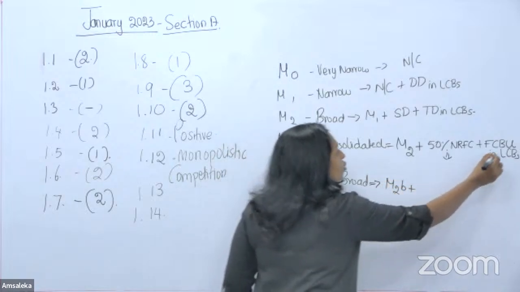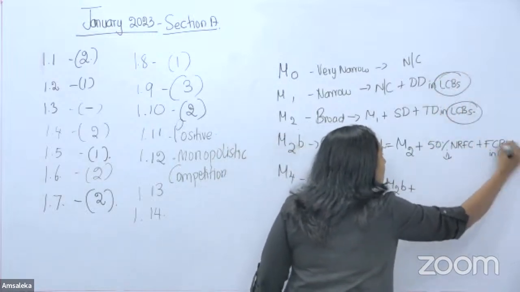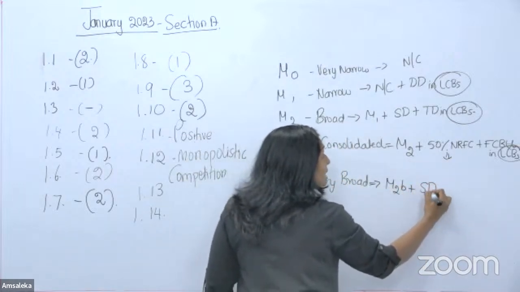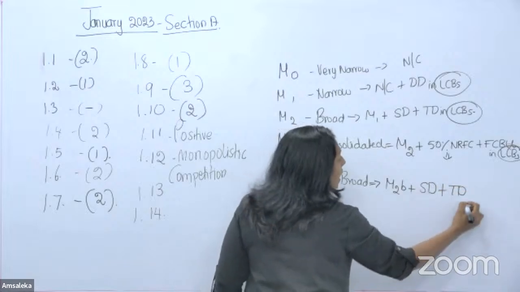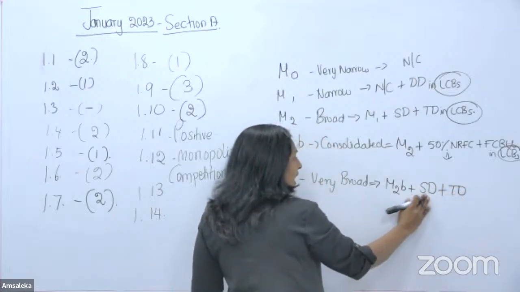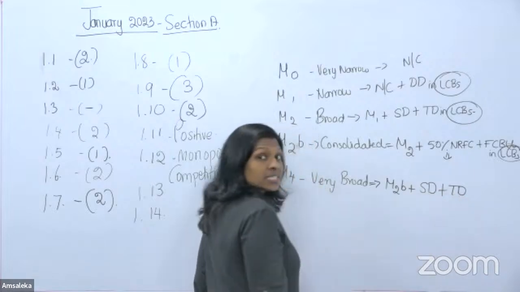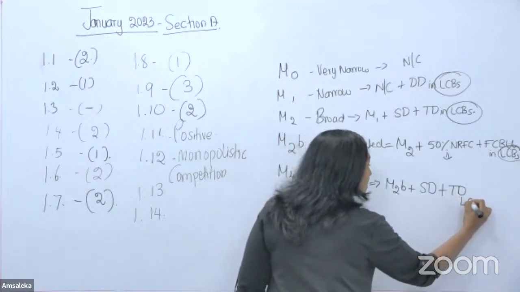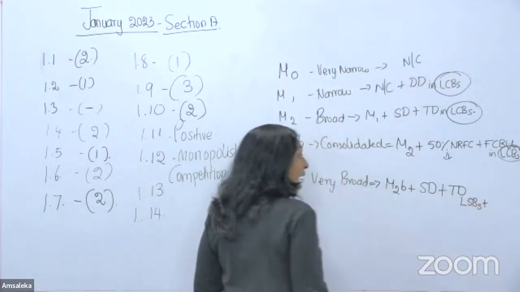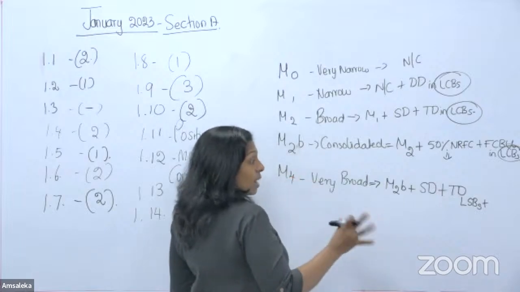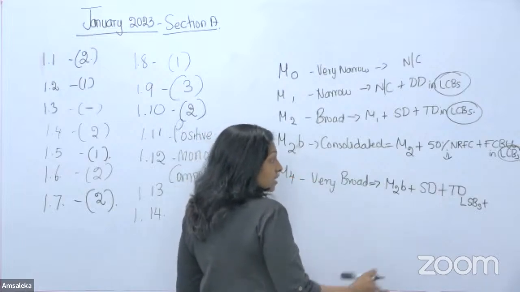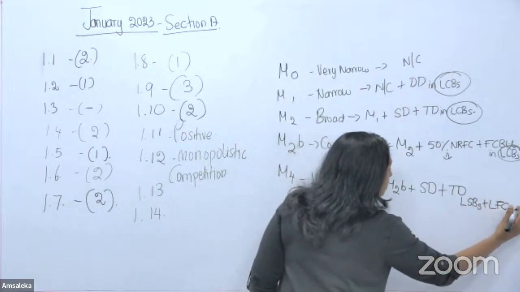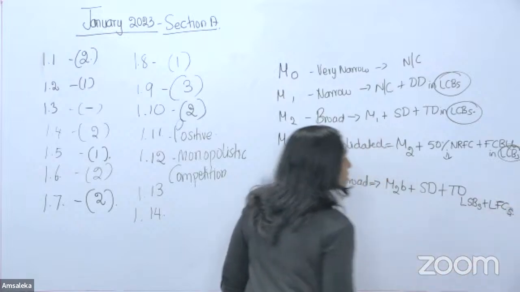M4 is M2B plus, because so far we took only LCBs. There are two other institutions where you can open savings deposit and time deposit. SD means savings deposit, TD means time deposit: savings deposit and time deposit in licensed specialized banks where you can save money, and licensed finance companies.